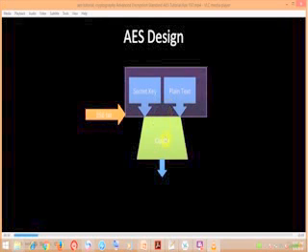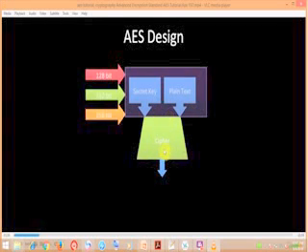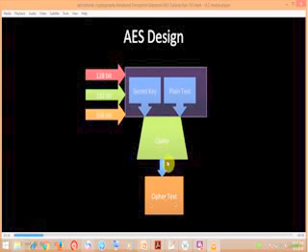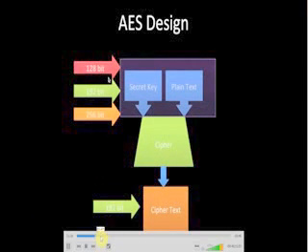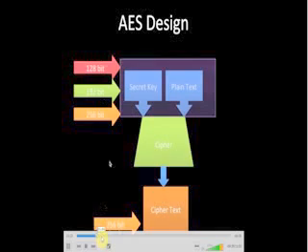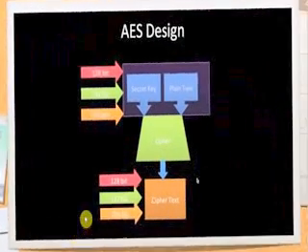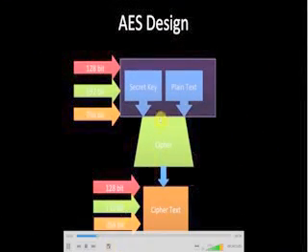The input is fed to the cipher, where the actual internal process will happen, which will be shown next. After feeding to the cipher, it will produce the cipher text: a 128-bit cipher text, and also 192-bit, because when we give 192-bit input, it will produce 192-bit cipher text, and also 256 bits. This is the complete AES design.